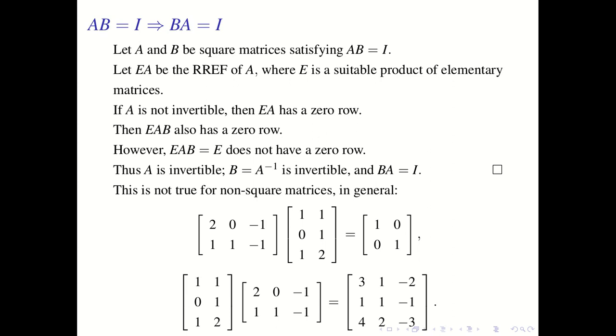It need not necessarily be an identity matrix of whatever size. Here we have an example. Take A to be the matrix with rows 2 0 minus 1 and 1 1 minus 1, and B to be the matrix with rows 1 1, 0 1 and 1 2. Then AB is the identity matrix of order 2, but BA is not equal to the identity matrix.